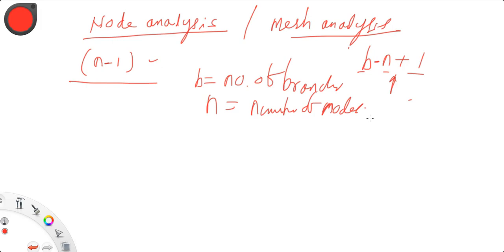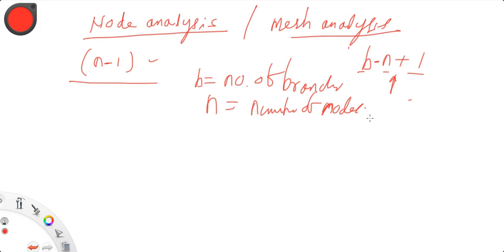You don't need to read all these things specifically, because after all it is required for solving the questions. They don't ask which method you use, whether node analysis or mesh analysis, whether there is a super node or super mesh. Ultimately you will be using a lot of different techniques as you study network theory.